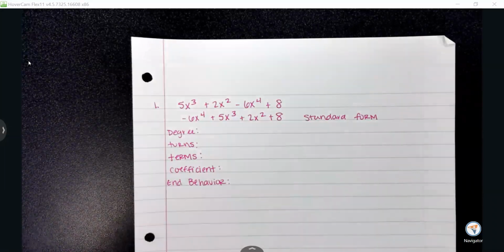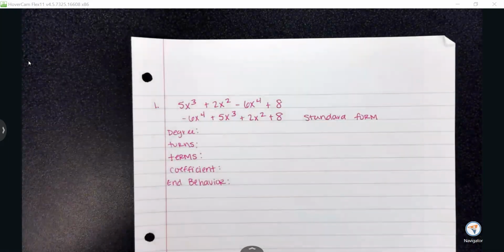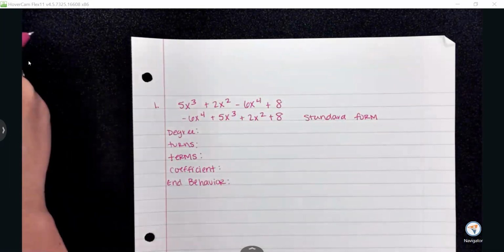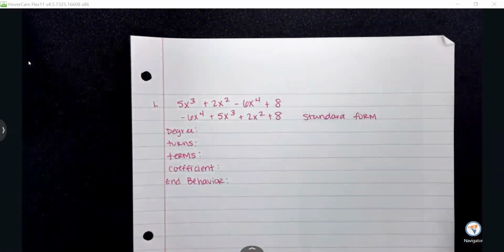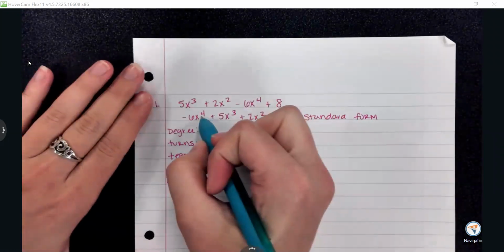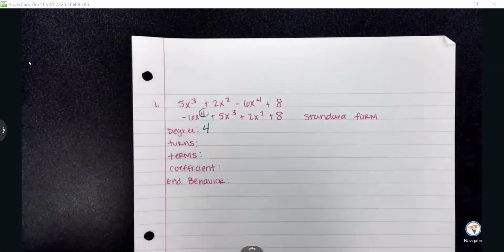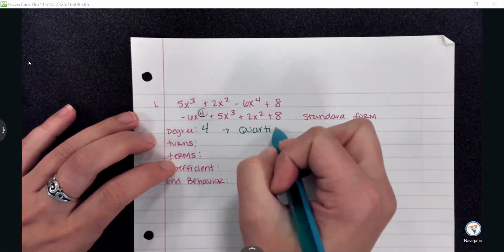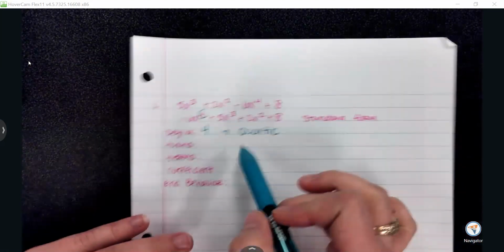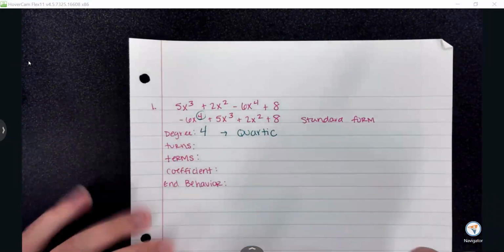So first and foremost, our degree comes from the highest exponent. So my highest exponent is a 4, so my degree is 4. This is called a quartic. You need to know these names. A quartic, like a quarter. 4 quarters make $1, okay?